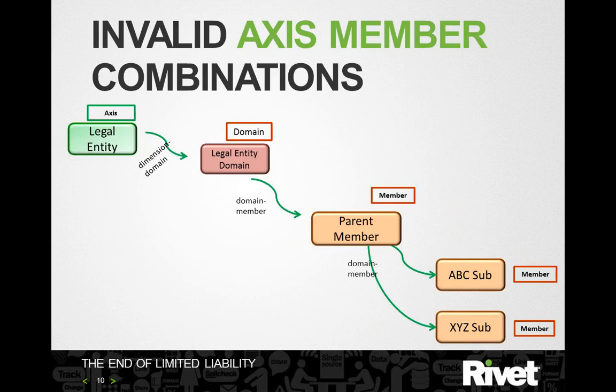So the next item is a little bit XBRL-y, and some of you may or may not be familiar with some of these concepts. This is invalid axes members. In a lot of cases, you may need to split financial information up or categorize it by different types of legal entity. Most companies would use a legal entity axis, and on that they may have various subsidiaries.